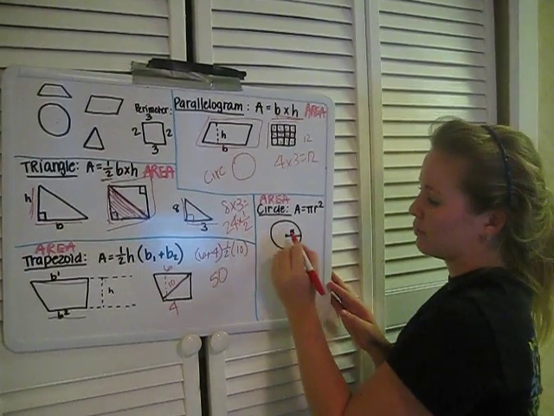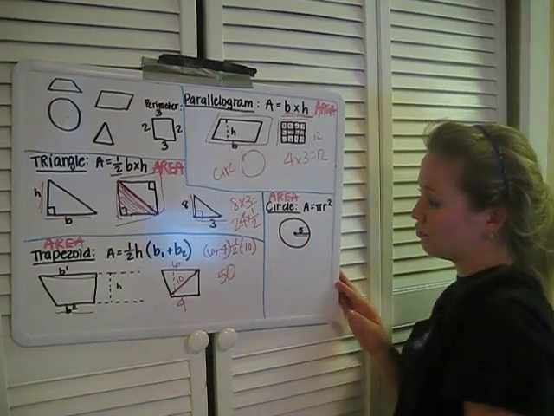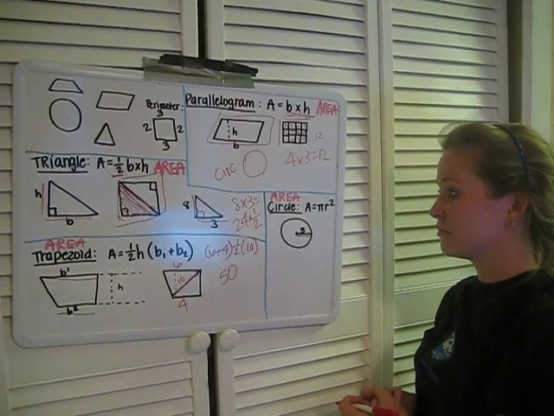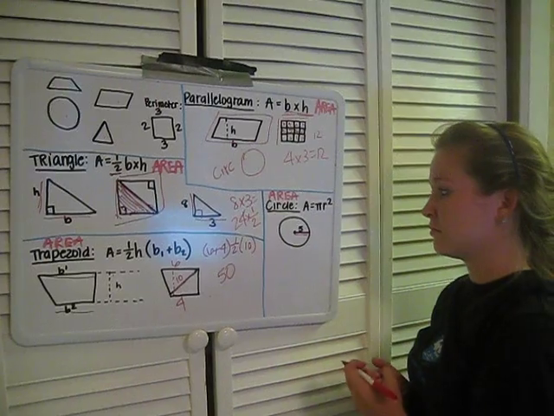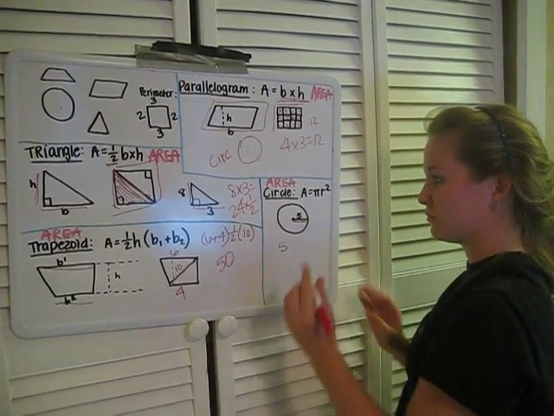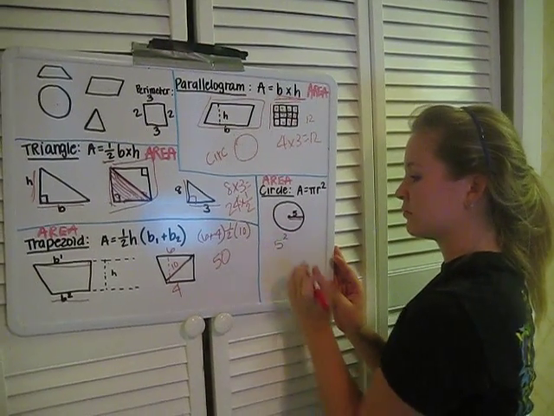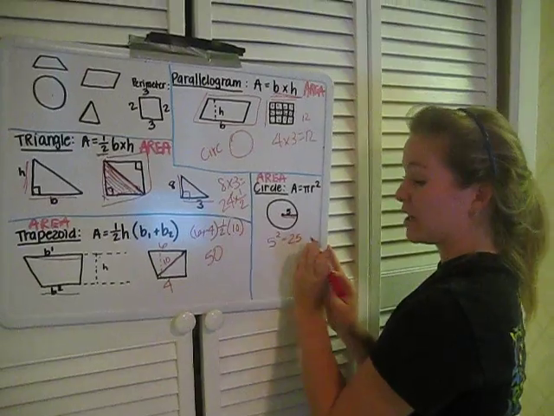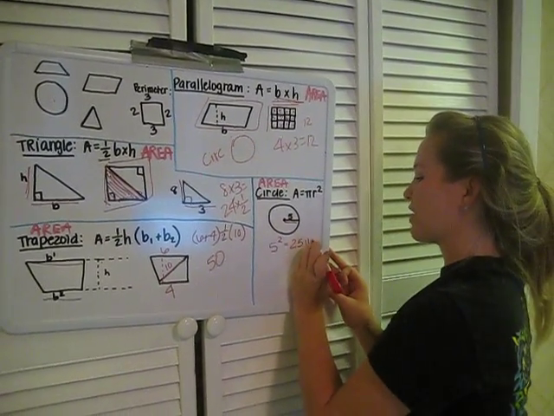So for this one, we have a radius of 5. Okay. So what would the area be? Okay. Then you would take 5 times itself, 5 times 5 equals 25. And we can't forget the pi. So it's 25 pi.